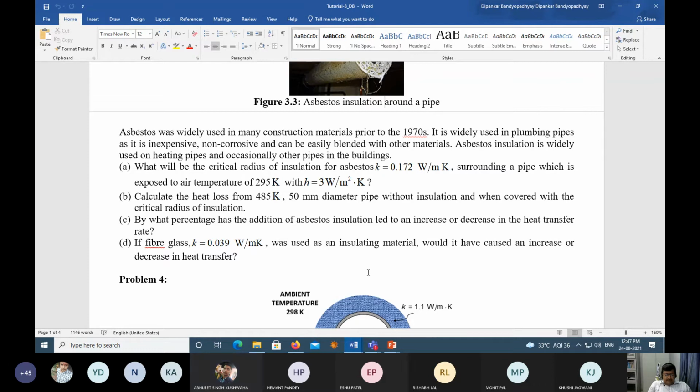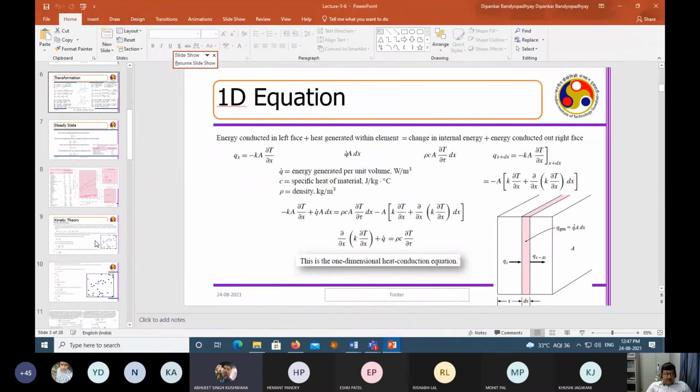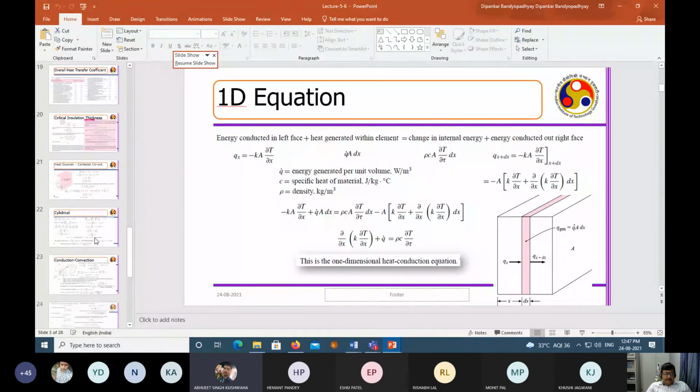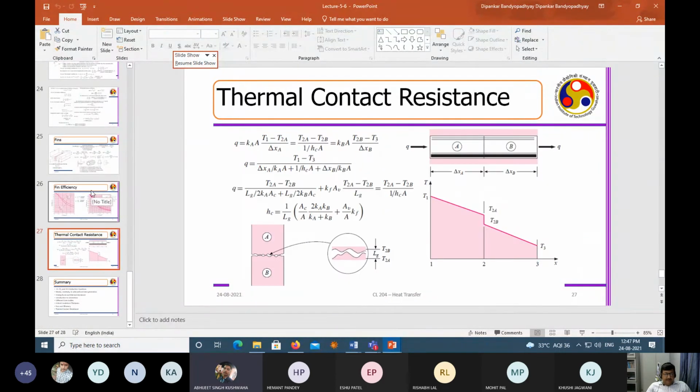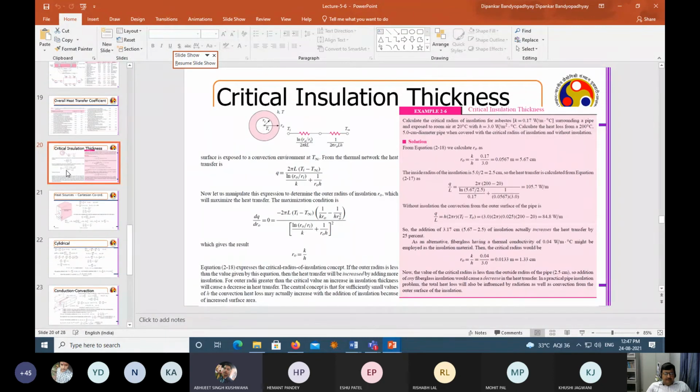Correct. So how do you calculate that? Sir, Q equal to 2 pi L into Ti minus T infinity upon ln R naught upon Ri by K plus 1 upon R naught H. Correct?